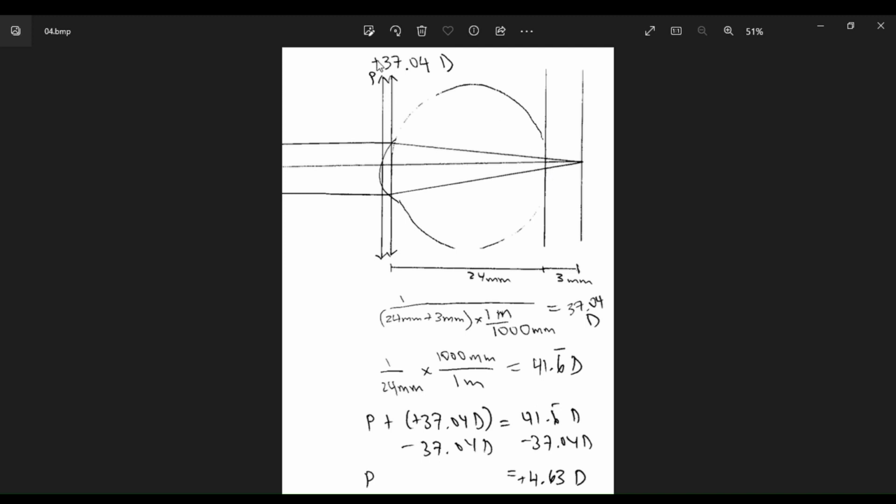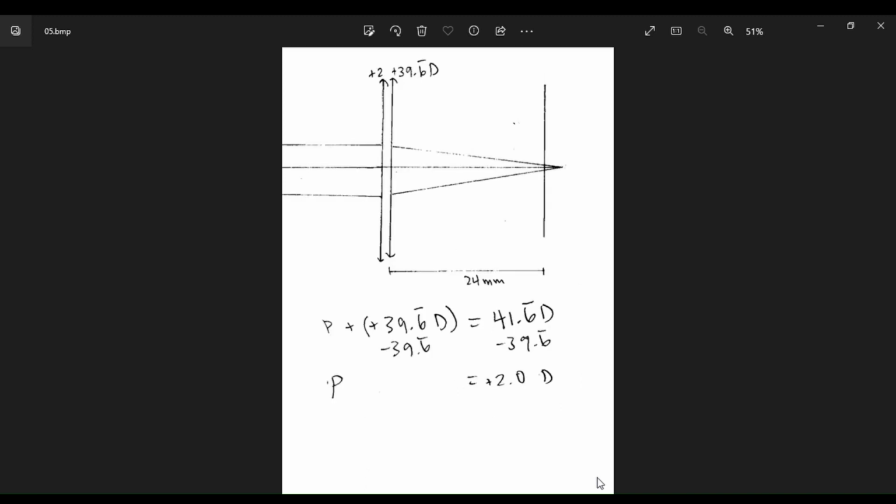37.04 is what it has already, and so the remaining P plus what it has equals what it needs. And so that's how you solve the power of the lens, or the amount of hyperopia in this eye, which is plus 4.63. So that's a little bit of looking at how the light bends. Here's another example.